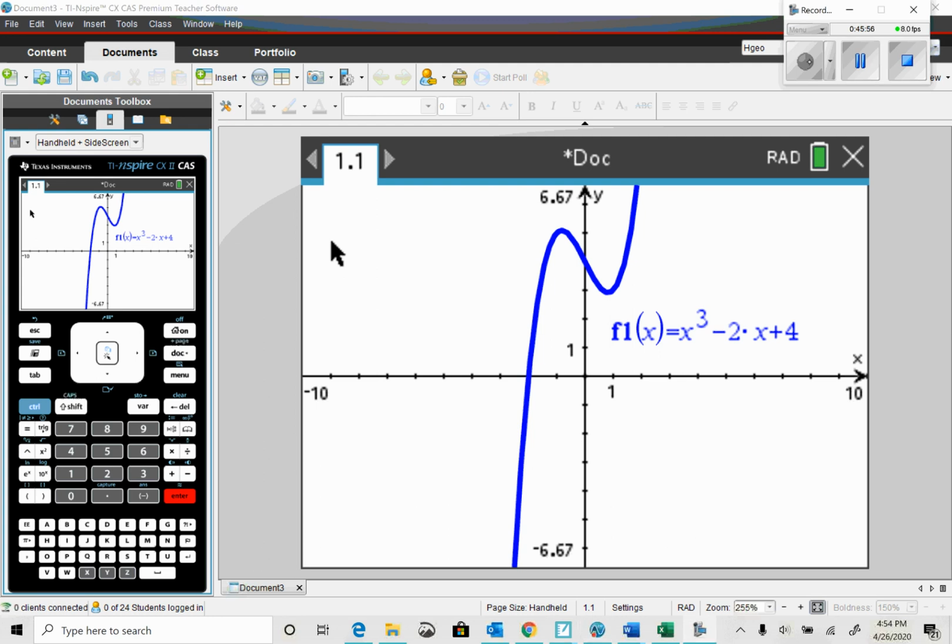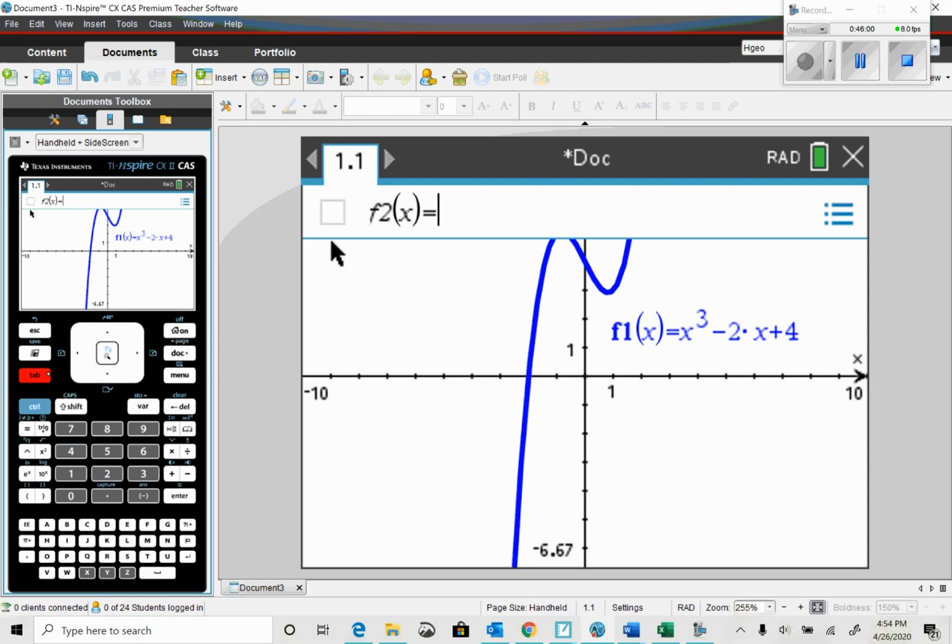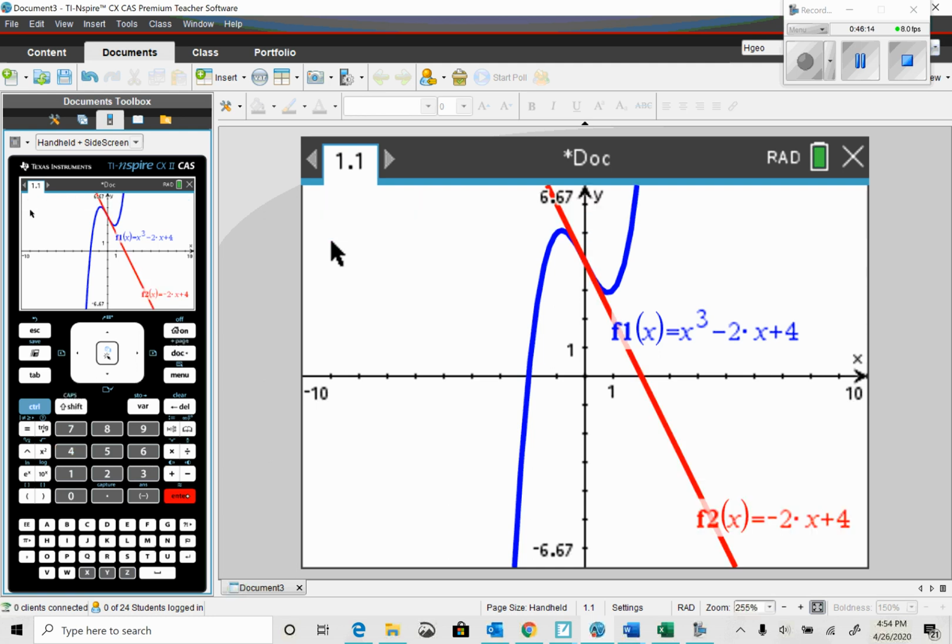So they not only wanted this graph, but they also wanted us to show the tangent lines here. So again, our first one was y is equal to negative 2x plus 4. Okay, so again, that was at our y-intercept, a negative slope. Nothing all that surprising there.